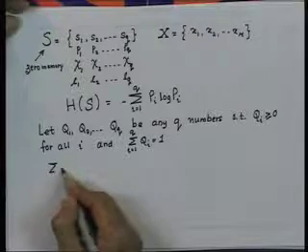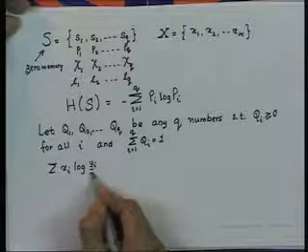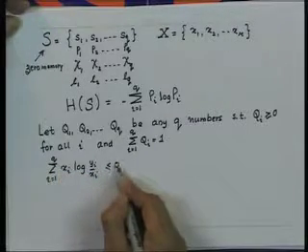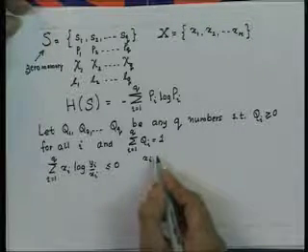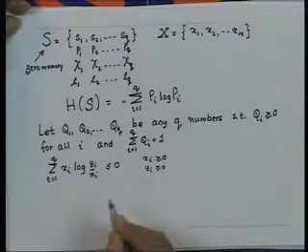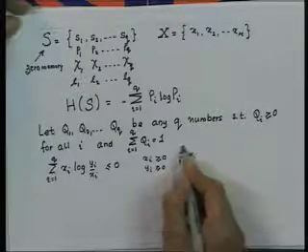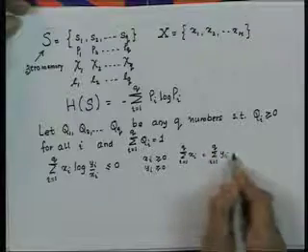Now, we have earlier in this course seen an inequality which says that summation of Xi log of Yi by Xi, i equal to 1 to q, is always less than or equal to 0, provided Xi is greater than 0, Yi is greater than 0, and summation over Xi and summation over Yi is equal to 1.